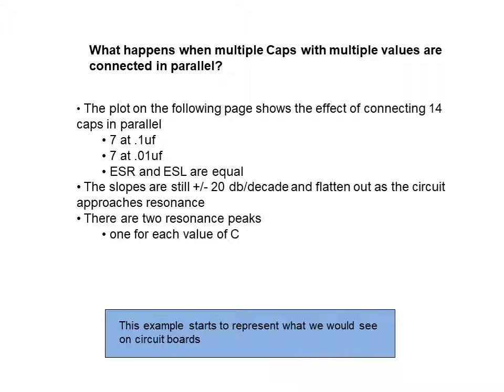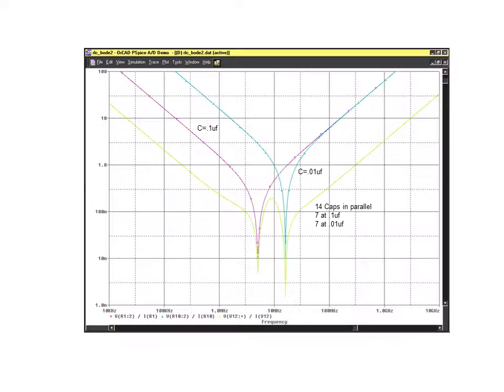The slope is still plus or minus 20 dB per decade and flattened out as the circuit approaches resonance. Here there are two resonance peaks, one for each value of the capacitors, 7 for 0.1 microfarad and 7 for 0.01 microfarad. This is what you can see in the plot, where 14 caps were used in parallel, and you see the two resonances for the different capacitor values.